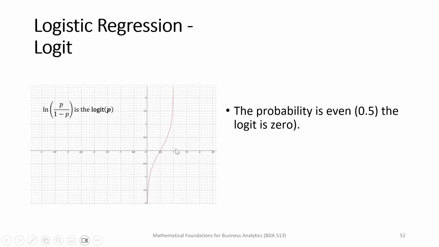All we are doing here is using the probability scale and comparing it on a logarithm axis, and then we map that to a probability scale. So between 0 and 1, the probability is 0.5 when the logit is 0. The probability is 0.5 when the logit is 0.